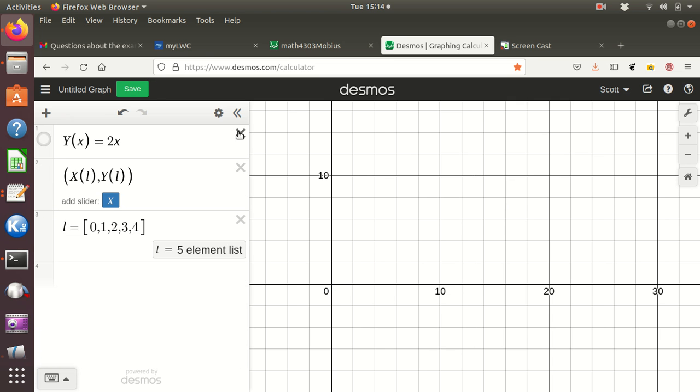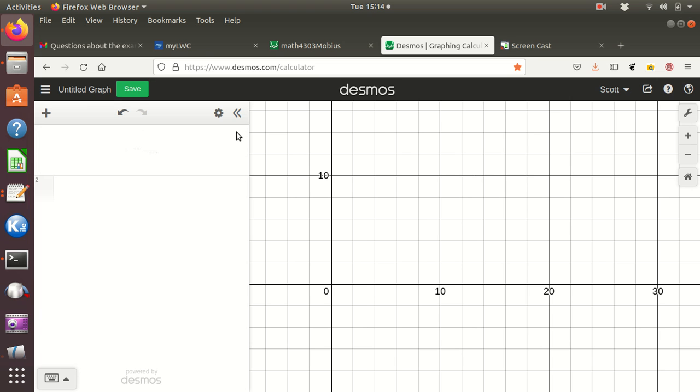I can get rid of these things and just start with, okay, I want to plot those 2 functions as parameterized by t. Well, I just do it as a point and I use t.